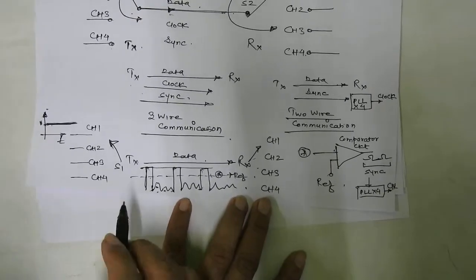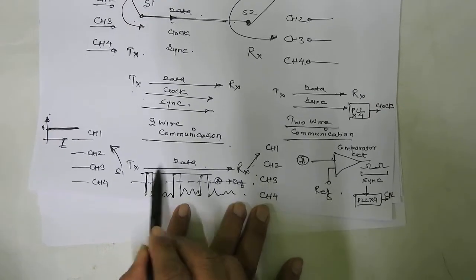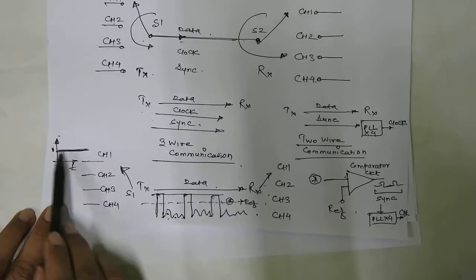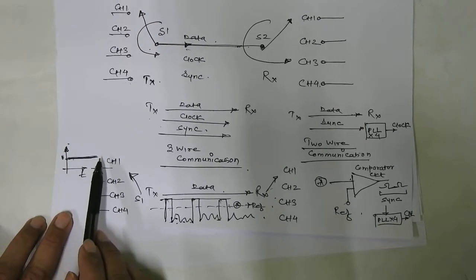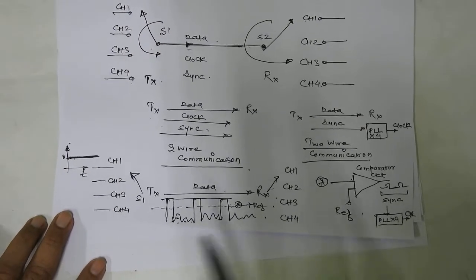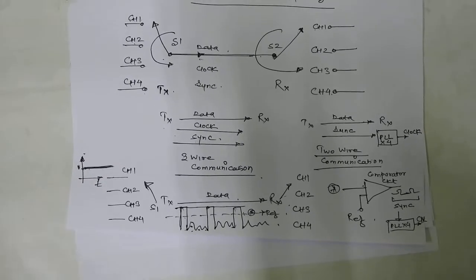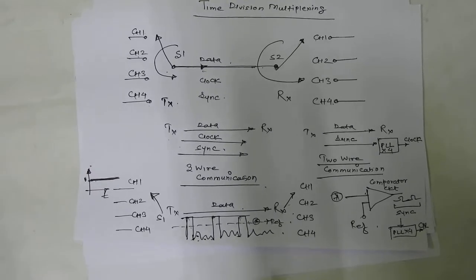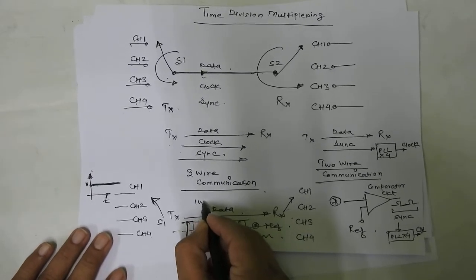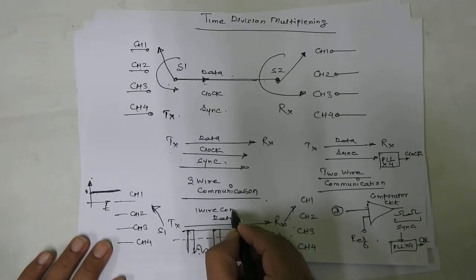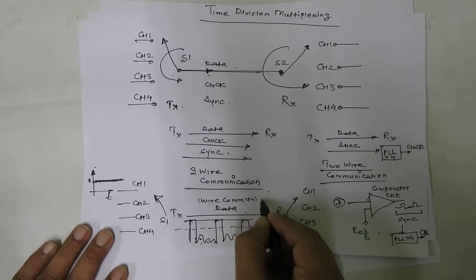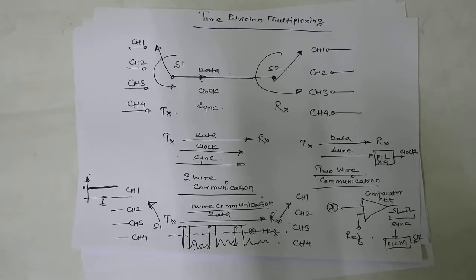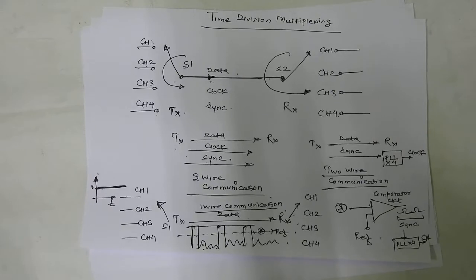So from transmitter to receiver I am sending only data, but with one channel a constant DC signal, and this is how I have added the comparator. The comparator is there now, the PLL is also there now, and this is how I achieved one wire communication between transmitter and receiver using time division multiplexing.